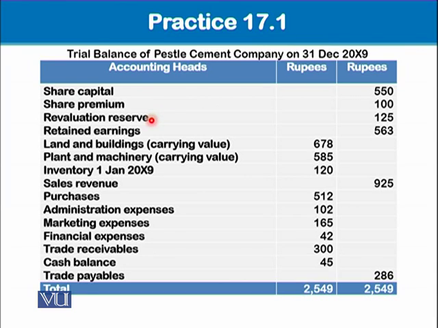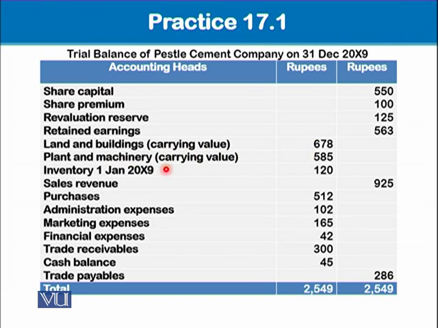Revaluation reserves are to be presented in the statement of changes in equity. So in a way it is an equity item, but it will be coming through OCI. And retained earnings, again, is an owner's equity item. Land and building at its carrying value, plant and machinery at its carrying value, are obviously assets, property, plant and equipment.